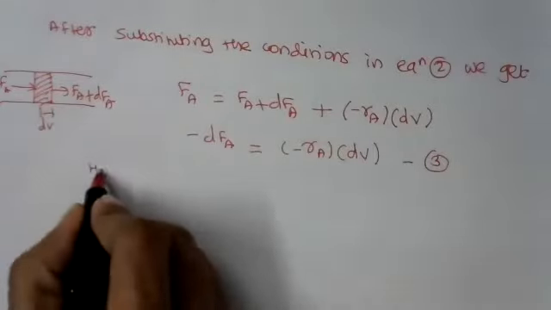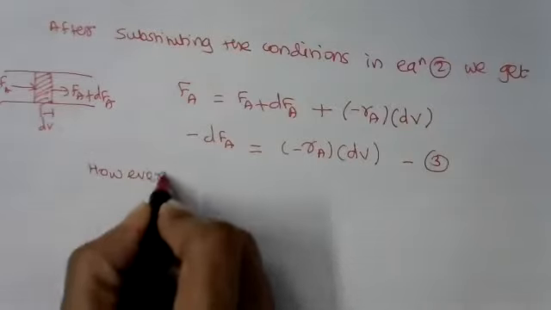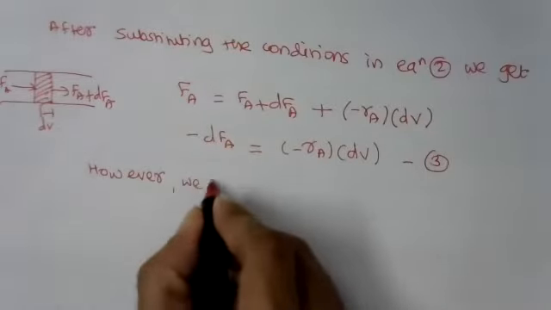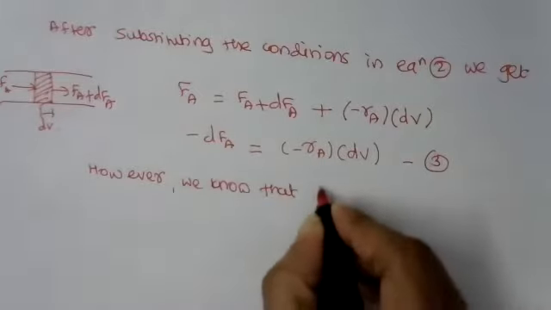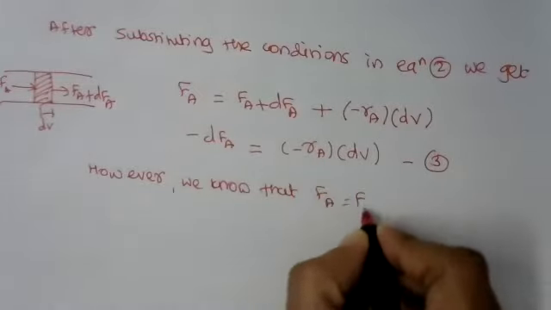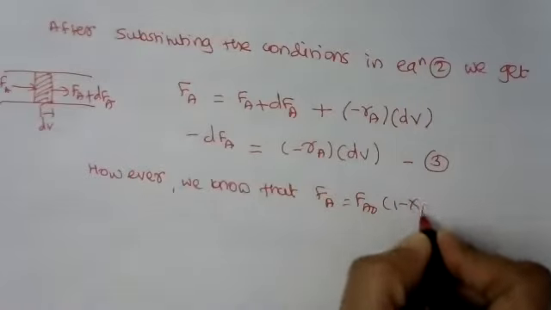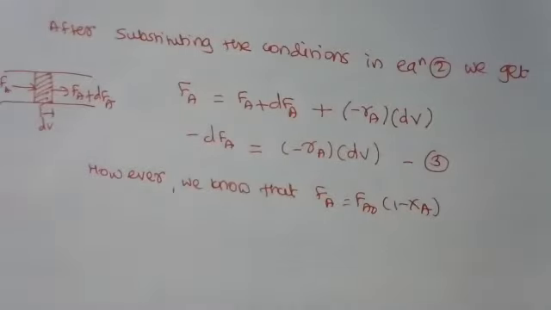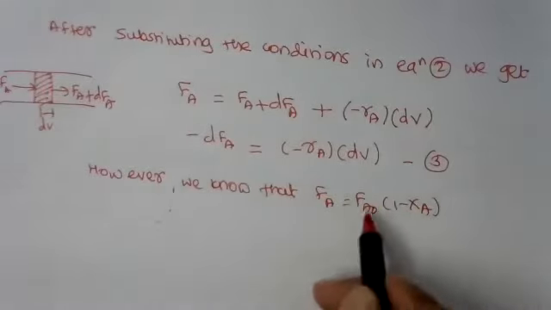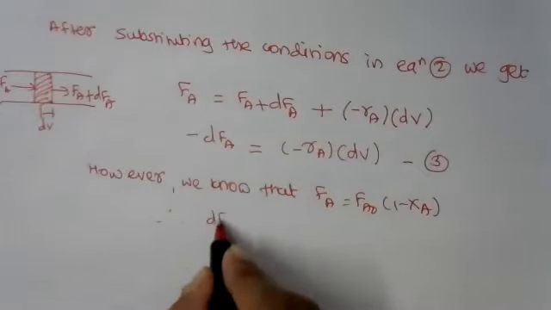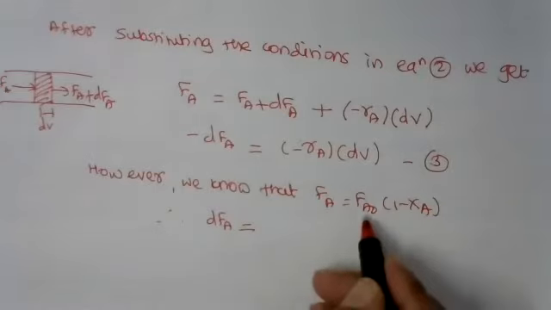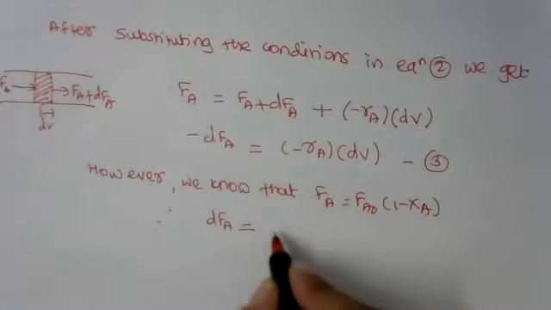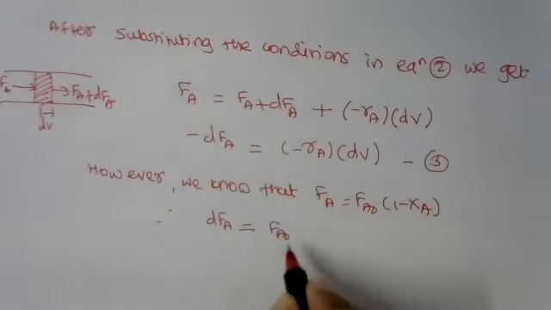However, we know that FA is equal to FA0 into 1 minus XA. Therefore, if you differentiate it, then dFA is equal to, now this FA0 is constant, so you can take it outside, FA0.